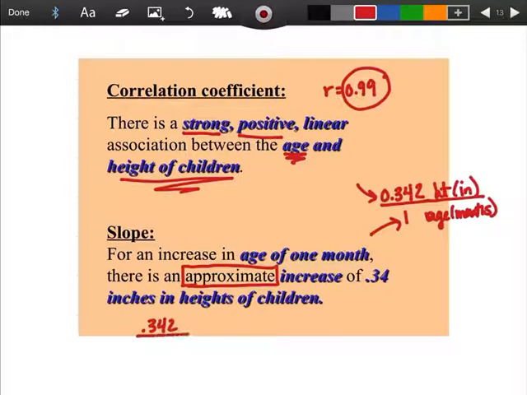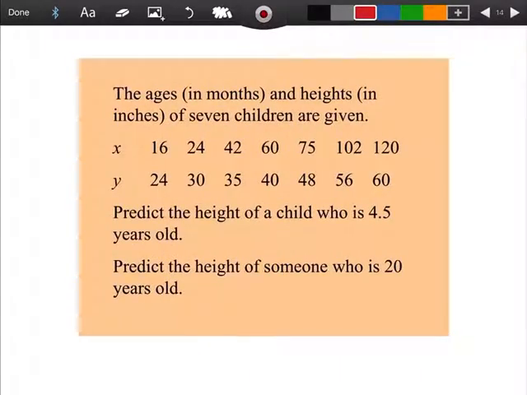Make sure we understand this is not exact, but is a prediction. We could also write that same slope as 3.42 over 10. So we would expect, on average, an approximate increase of 3.42 inches for a child for every extra 10 months of age. As long as we're using an equivalent value, we can interpret slope. It can be a reduced fraction or a non-reduced fraction.